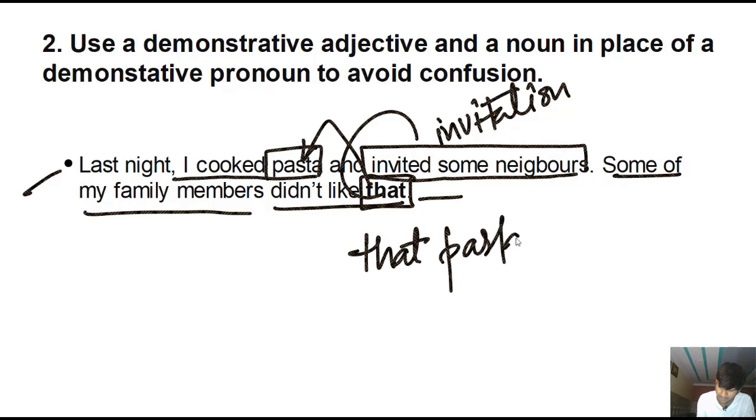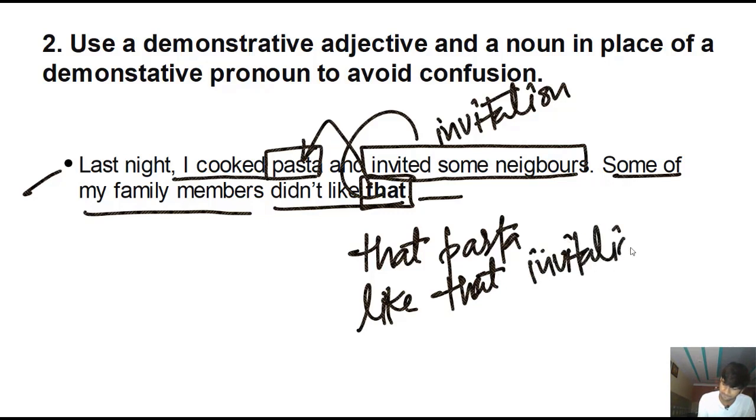Or if I'm referring to the invitation: last night I cooked pasta and invited some neighbors. Some of my family members didn't like that invitation. This is very, very important.